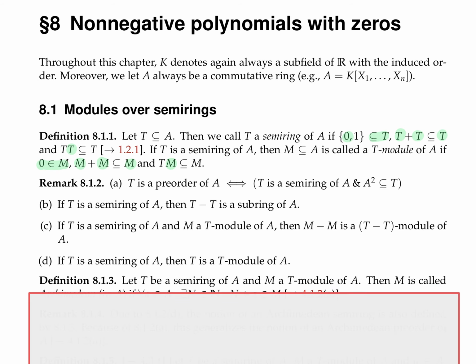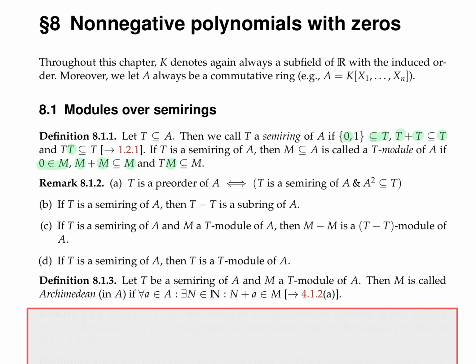Okay, and next definition: let T be a semiring of A and M a T module of A. M is called Archimedean in A if for all a in A there exists an n in N such that n plus a lies in M, right? This doesn't come as a surprise.